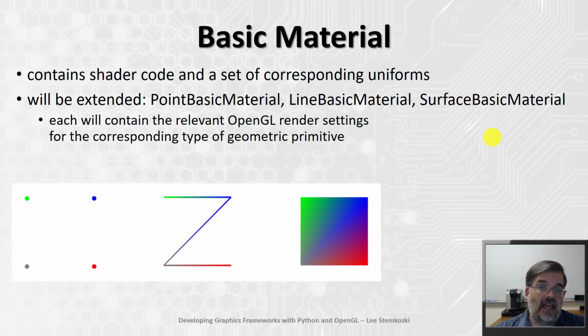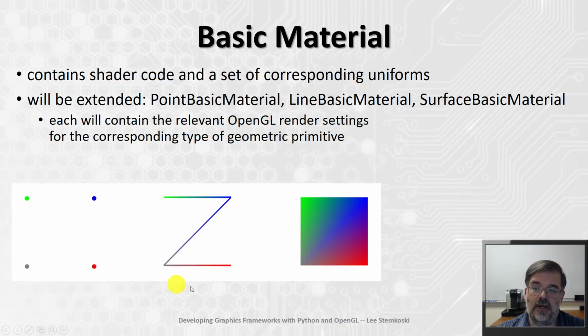The idea is, at the end, you could take some geometric data, some vertex data, for example, 4 points such as these, and you could render them with these different materials. So here on the left, there's 4 points with 4 different colors, a gray, a red, a green, and a blue. This is a rendering with a point basic material.